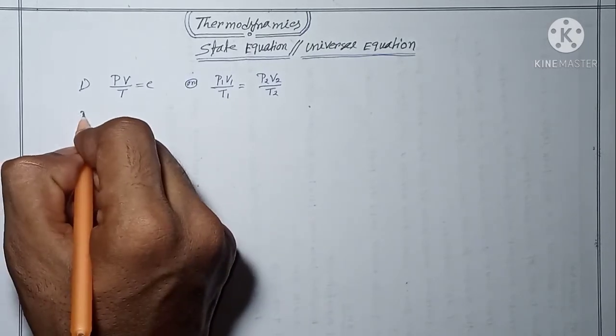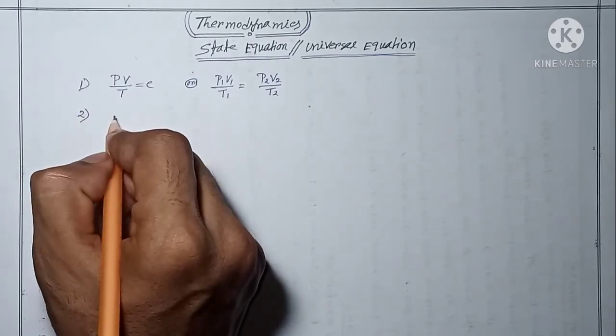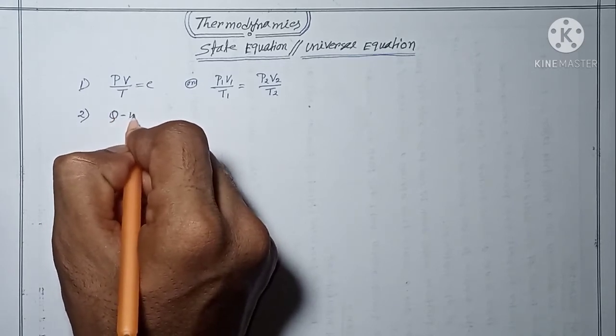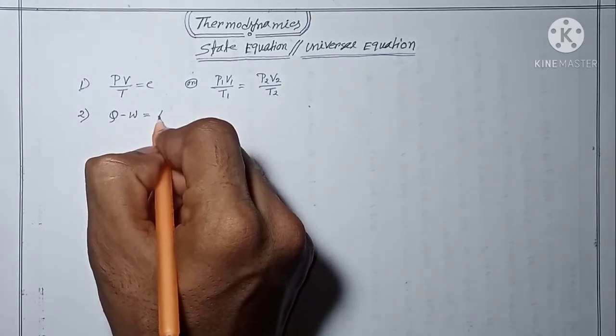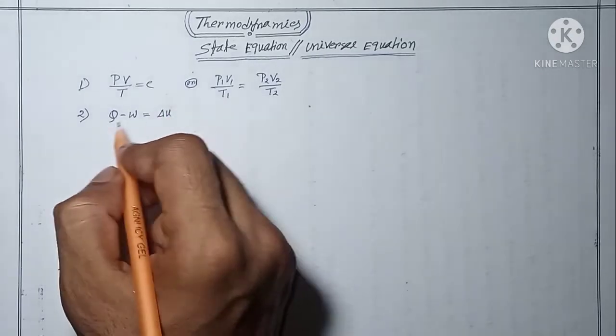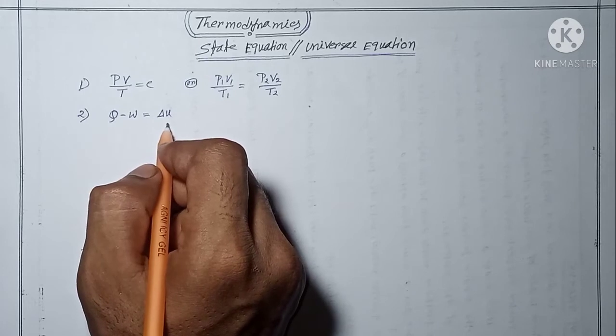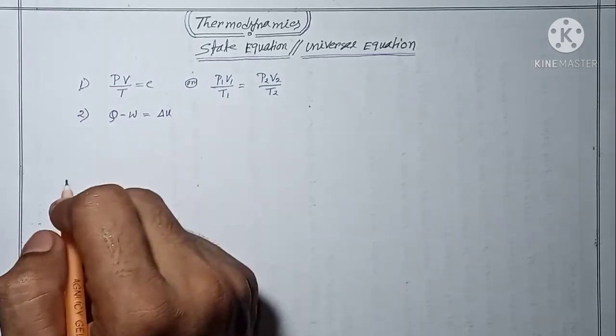Now equation number 2 is basically the first law of thermodynamics: Q minus W is equal to delta U. Here Q is the heat energy, W is the work energy, and delta U is the change in internal energy.